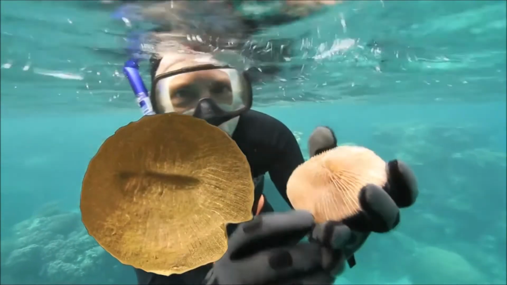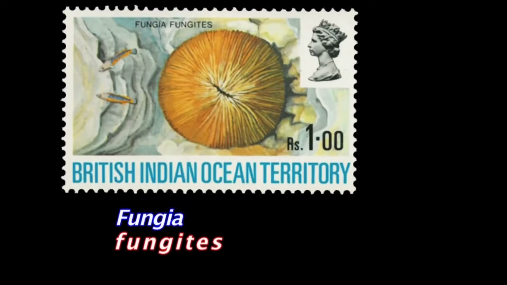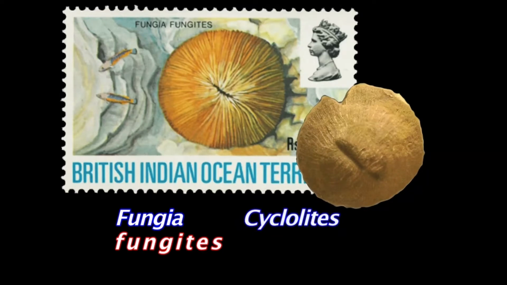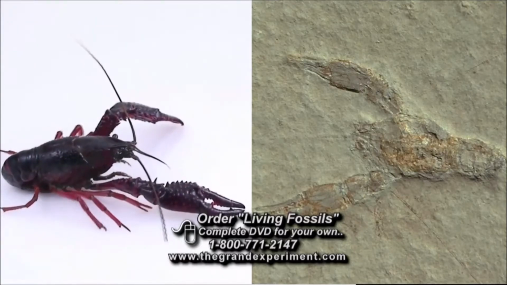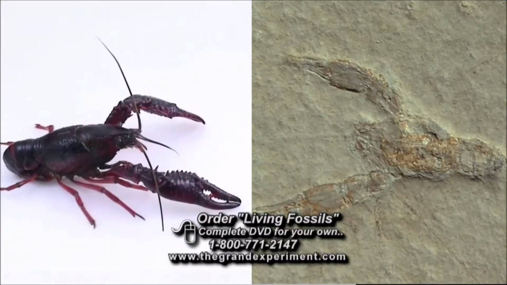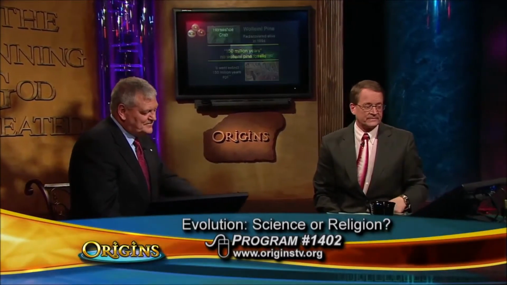But again, the dinosaur-era fossil was given a different genus and species name. Dr. Werner found fossilized examples of all of the major invertebrate groups, or phyla, living today in the dinosaur rock layers. I can give you another example the other way.